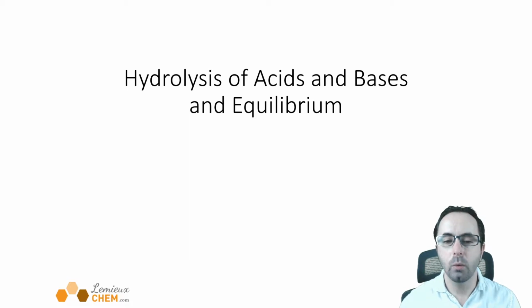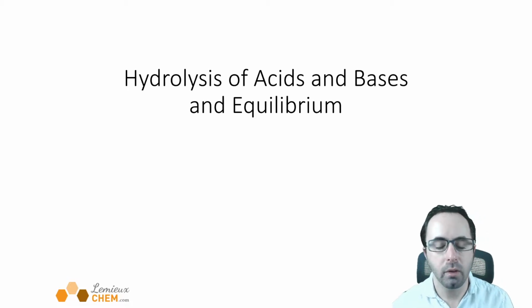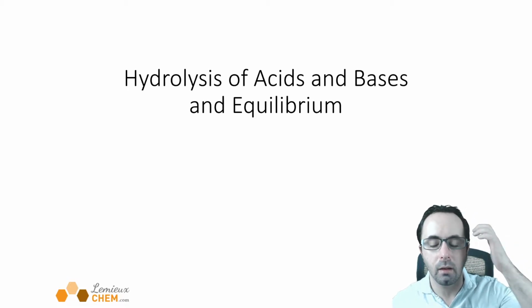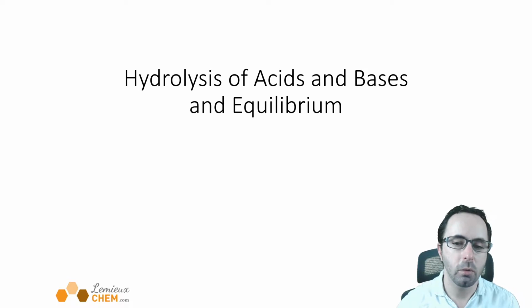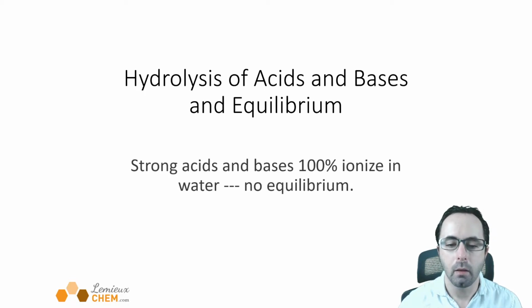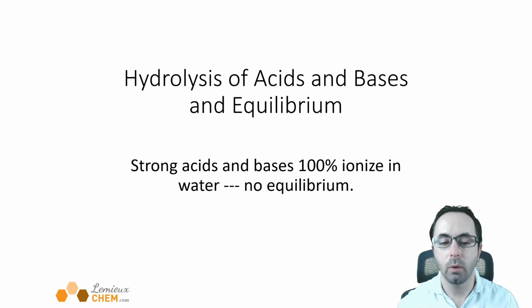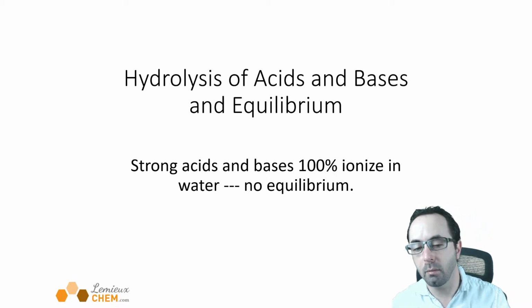The way in which these ions are produced is by what's known as hydrolysis. We've discussed hydrolysis in the context of ionic compounds, not as much in terms of acids and bases, but we're going to talk about that now. We're also going to talk about a concept called equilibrium. And we're going to differentiate between what we're going to call strong acids and bases.